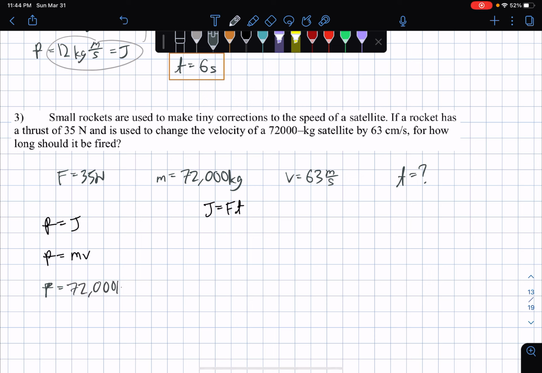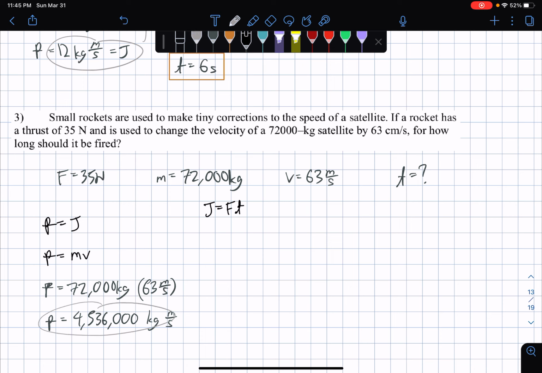72,000 kilograms times 63 meters per second is 4,536,000. So that's what we're after: the momentum is equal to impulse.